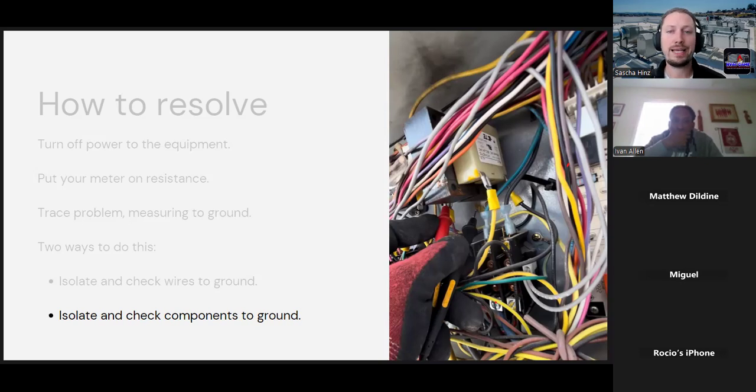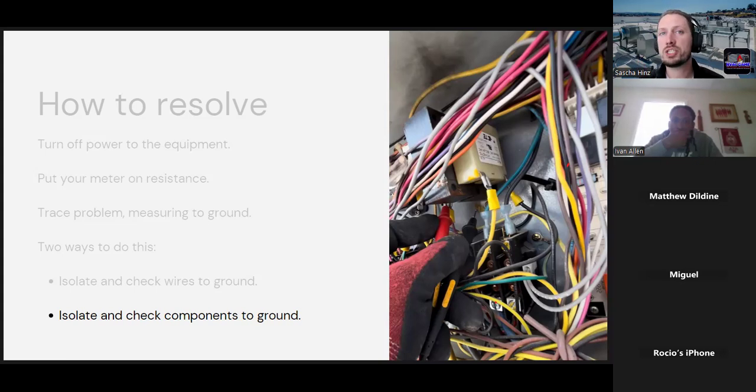I personally like the way of checking your individual lines to ground. That is probably because I work a lot on three-phase equipment. On three-phase equipment, you usually have some components that are single phase. You have three-phase compressors, for example, and then single-phase condenser fans. That is just an example.